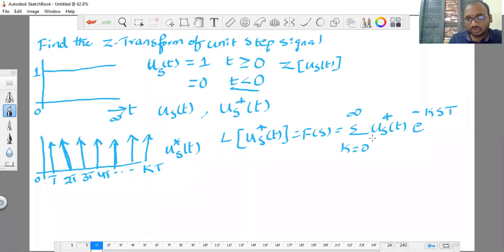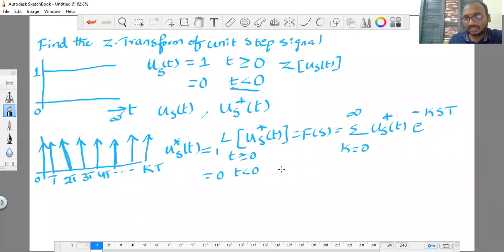What is the u_s star of t value? It is 1 at the instants 0, T, 2T, 3T, whatever it may be. This value is 1 for t greater than or equal to 0, and 0 for t less than 0.